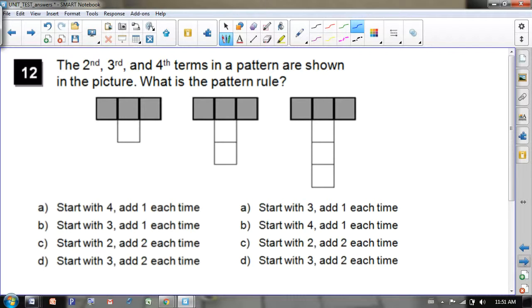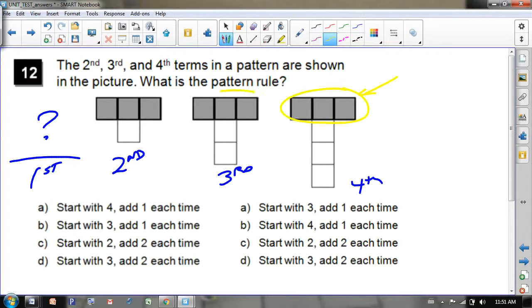The next one, the 2nd, 3rd, and 4th term. So this is the 2nd term, and this is the 3rd term, and this is the 4th term, but we're missing the 1st term, so we have to get it. Now, if you see in each of these, there is a constant of 3. So this is the starting point.